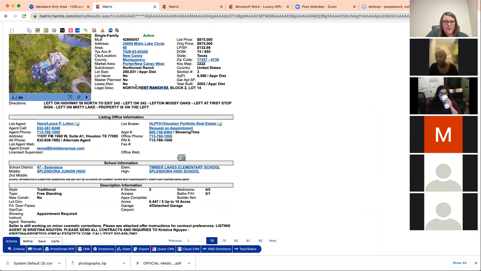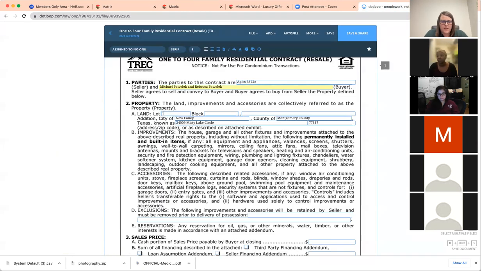So what I do is I copy this, lot 14, block 2, lot 14, and I paste. Now, if there are multiple lots, you need to make sure, what I've just officially learned, that if there's 2 parcels and they are not merged, that should be 2 contracts, not 1.